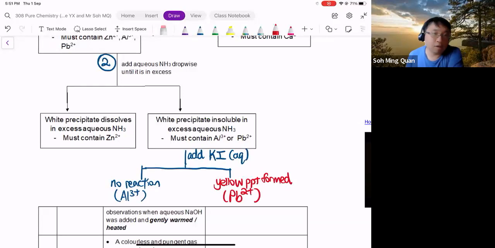Lead, Pb2+, will form a yellow precipitate when you add potassium iodide. Now what is this yellow precipitate? Actually, this yellow precipitate is lead(II) iodide. Lead(II) iodide is an insoluble salt in water, so it will precipitate out, and it's yellow in color.